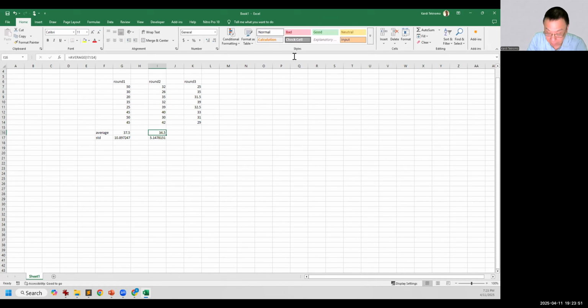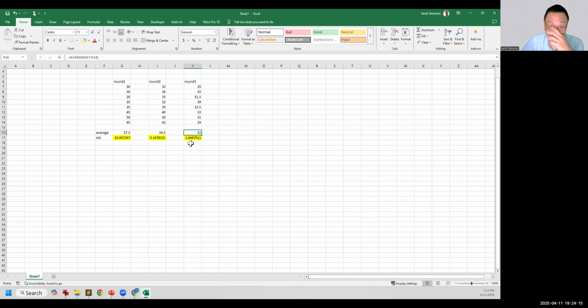We copy this. Wow. Can you see the standard deviation here? The most important thing is actually the reliability.